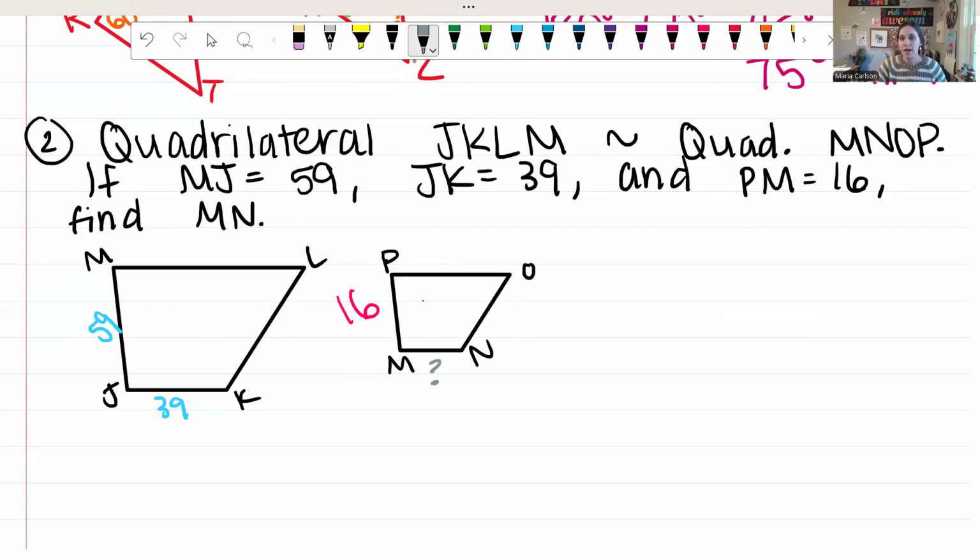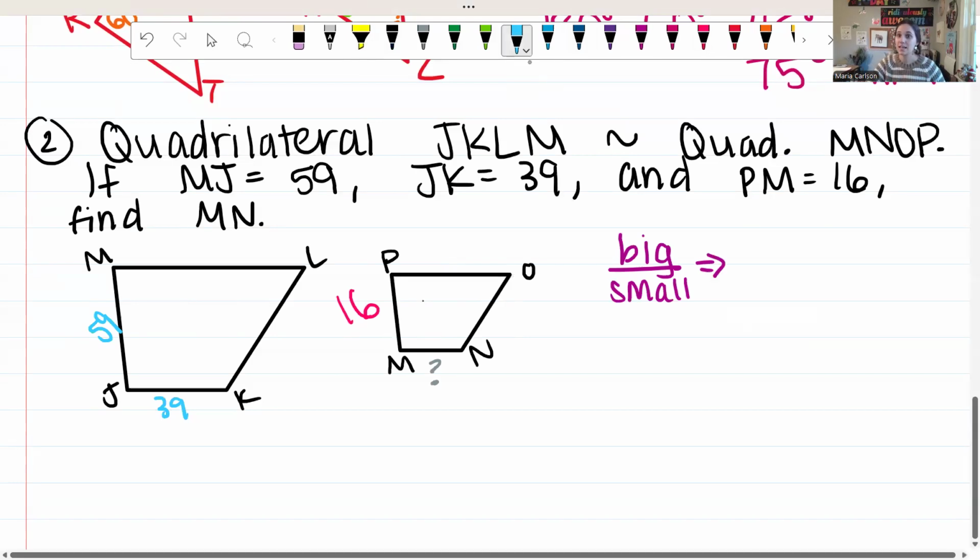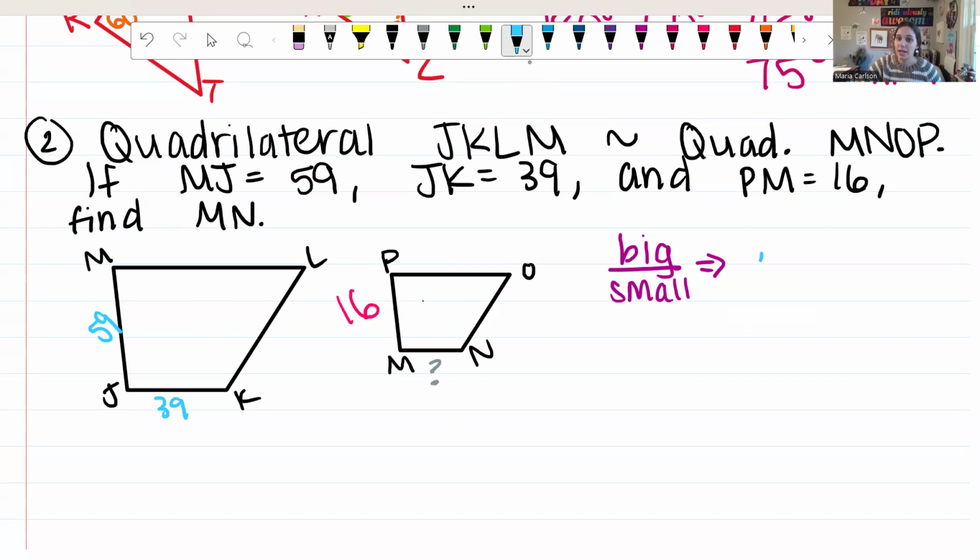I am going to have to use proportions here, and I'm going to compare the big side lengths in comparison to the small side lengths. So the big side lengths that are corresponding to the small side lengths. MJ is one of the larger side lengths, and that corresponds to the smaller side length of PM.